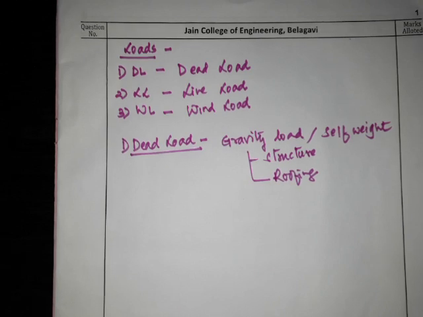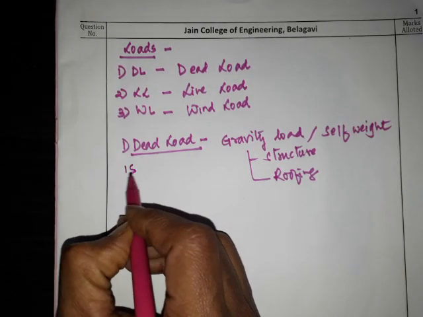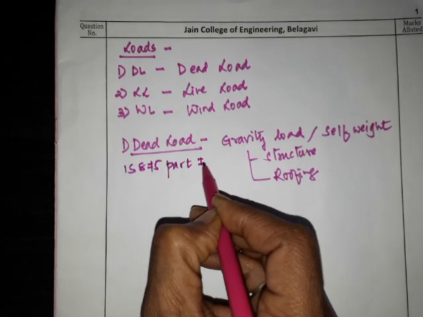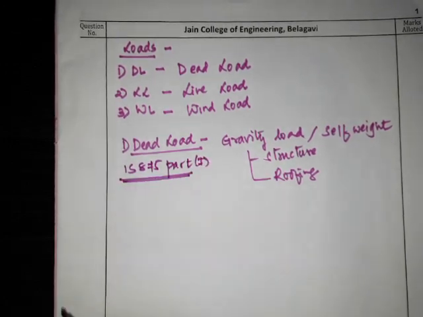The different members will have different self-weight, different categories of loads. So for that you have to follow IS 875 part 1.